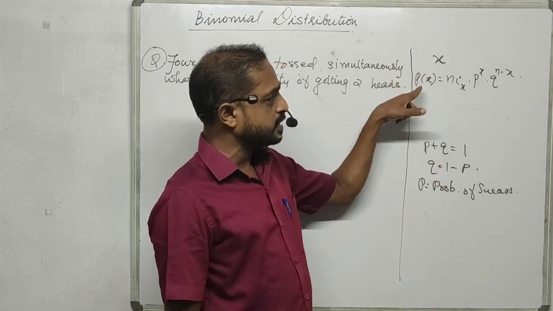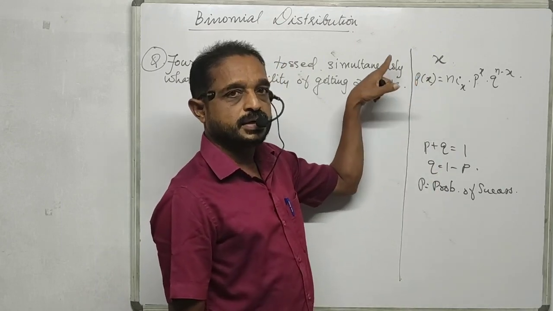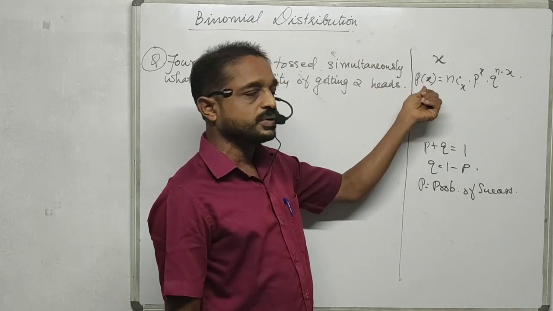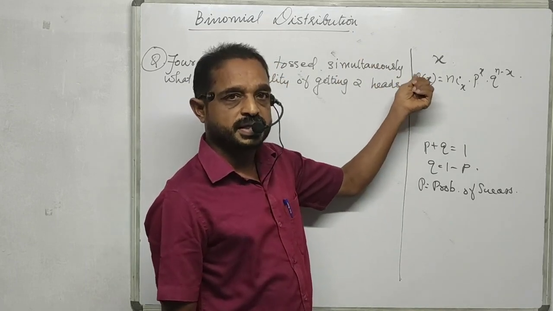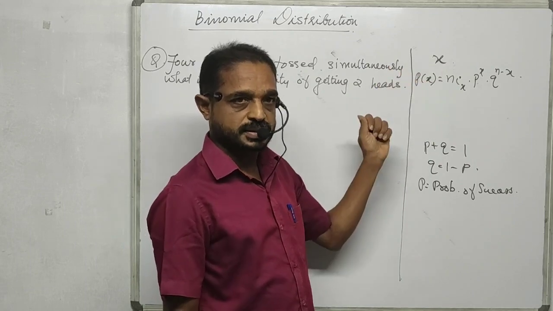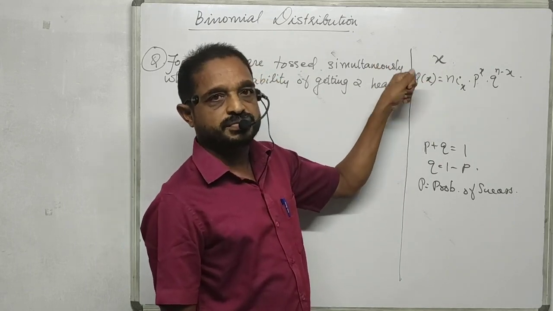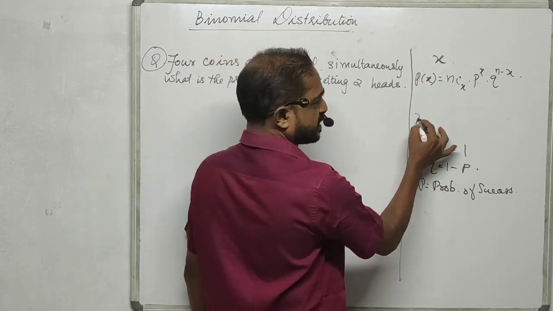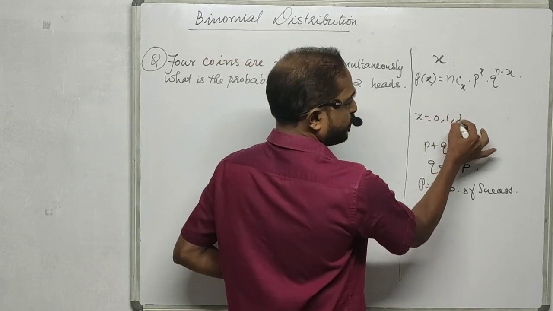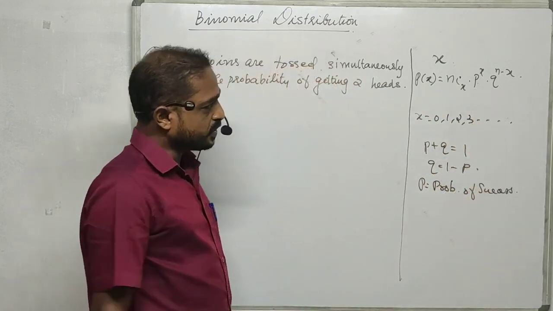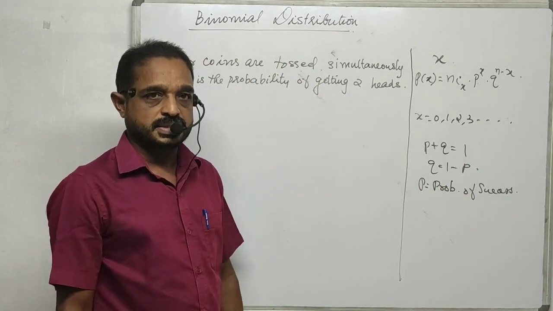P of x is the probability for x successes. So p of 0 is the probability of getting 0 successes, p of 1 is the probability of getting 1 success, p of 2 is the probability of getting 2 successes, and so on. That means x can take values 0, 1, 2, 3, etc. Up to this we have seen in our last class.